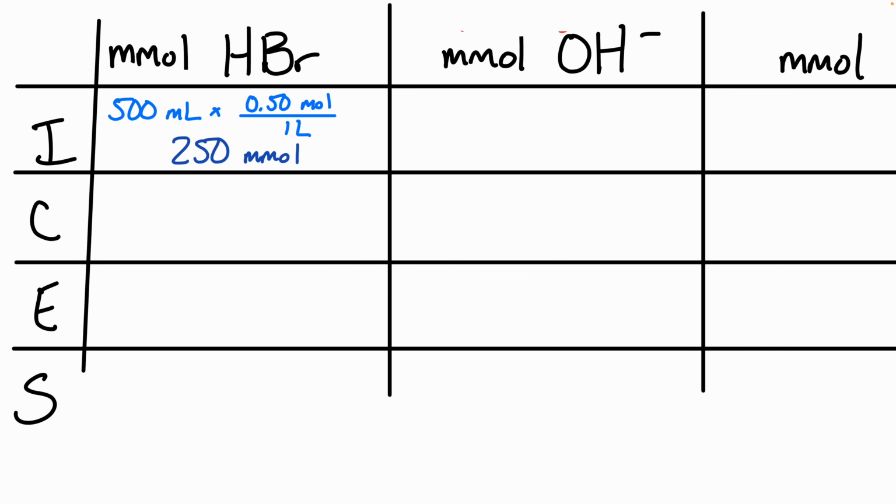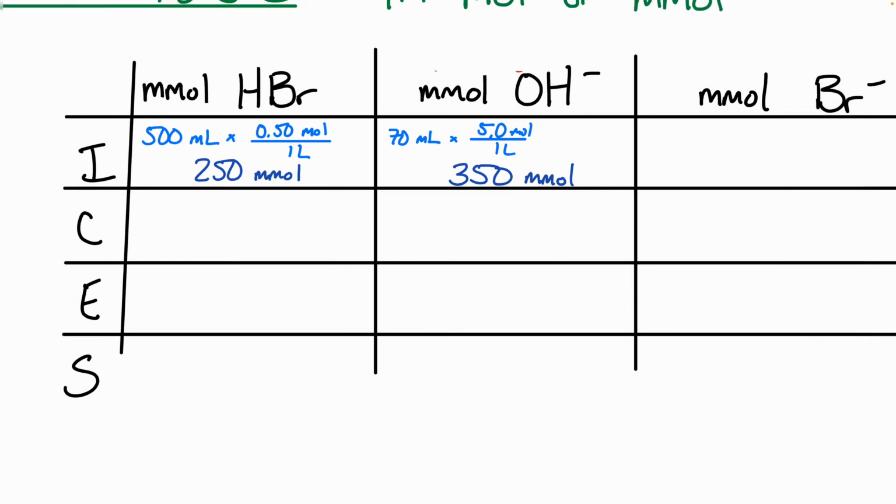All right, so we still have that 250 millimoles of our strong acid that we start out with. Whoops, not 50. But now when we calculate how much base has been added, we have 350 millimoles of that hydroxide.